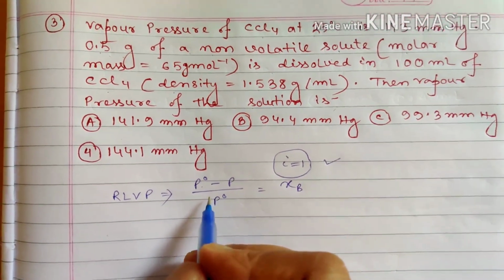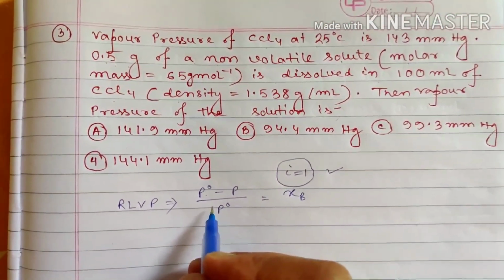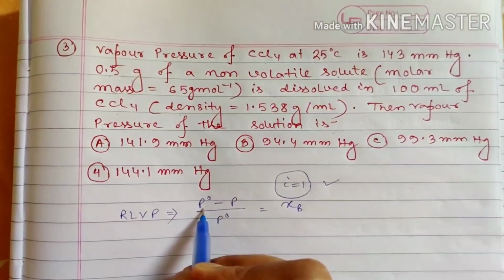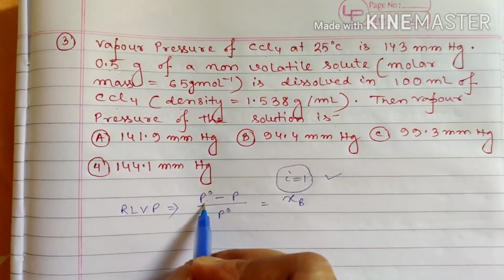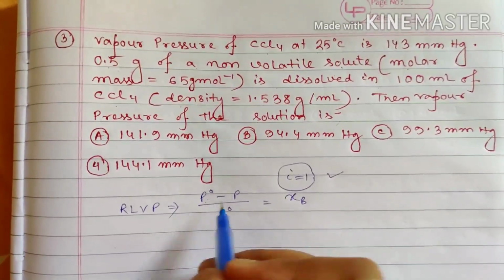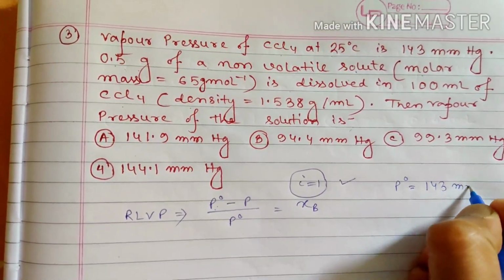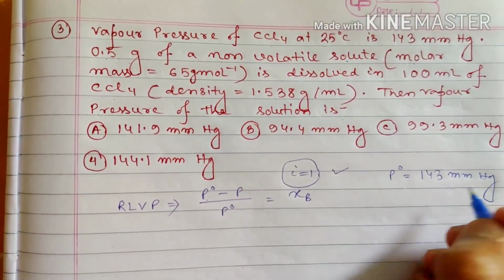Let us see what values are already given. P0 is the vapor pressure of CCl4, which is given. P0 is 143 millimeter of mercury.